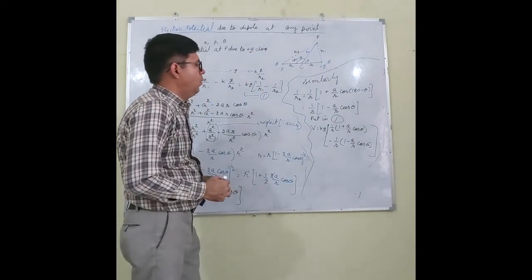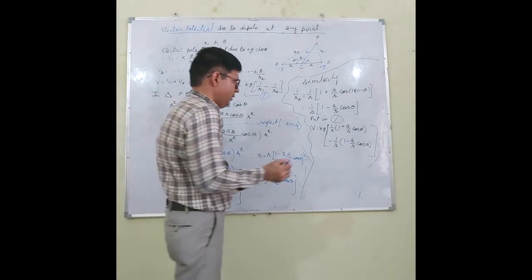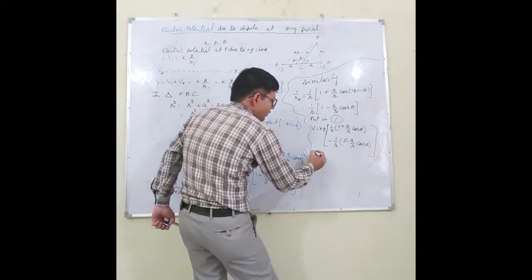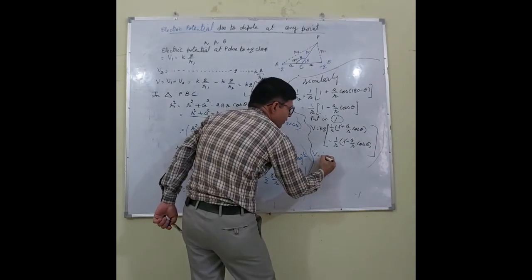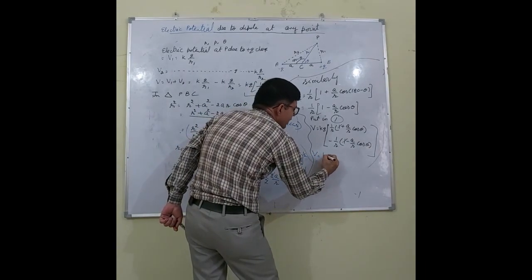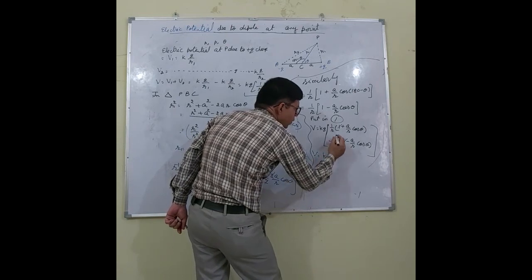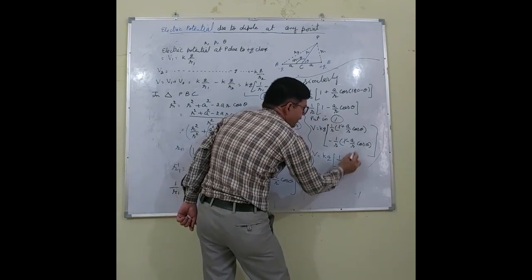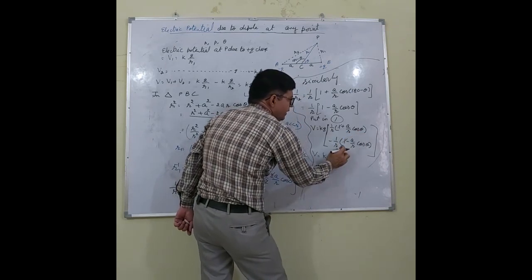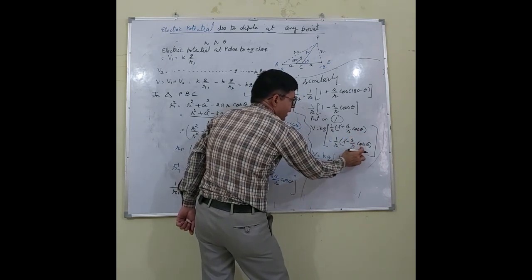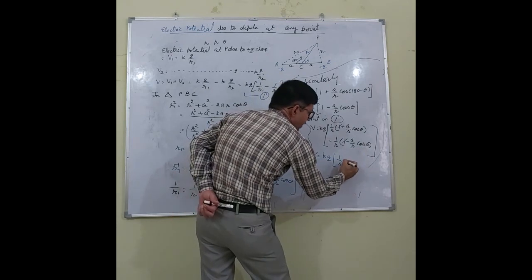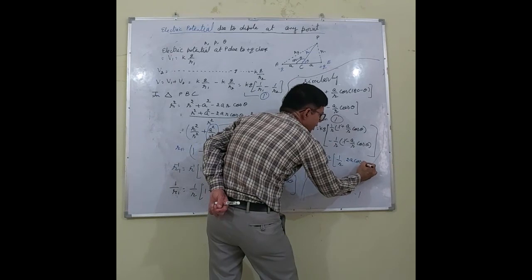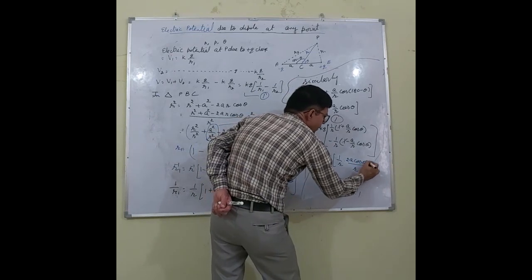Now the 1 by R terms get cancelled. So what do we get? V equals k q multiplied by 1 by R, A by R cos theta minus minus plus A by R cos theta. So it will be 2A cos theta by R.